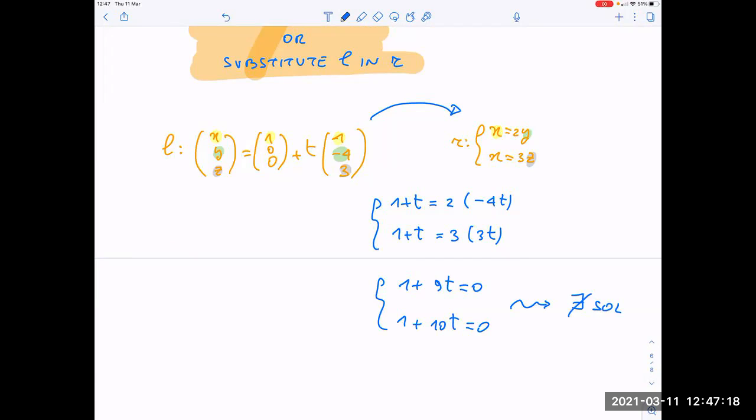So this means that L and R are skew, orthogonal but skew. So you have to be very careful if, when you say orthogonal, you mean that they must intersect.